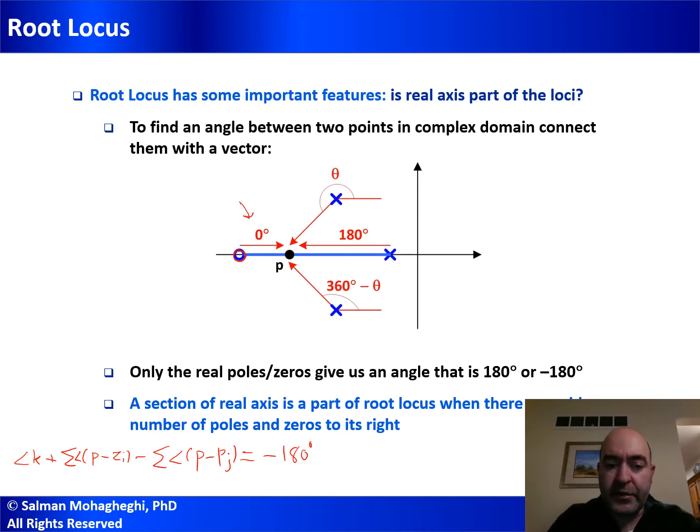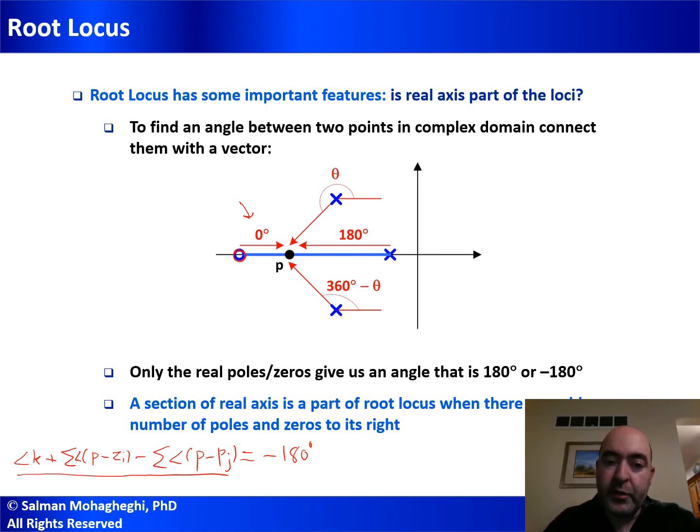So if the angle is 0 in the left-hand side of this equation, it's not going to come into play, so it will have no impact. So any pole or zero to the left side of P has no impact on the left-hand side, so we can simply ignore those.